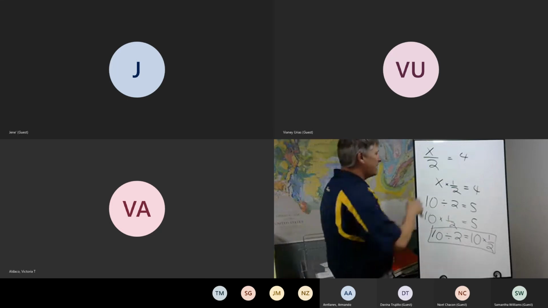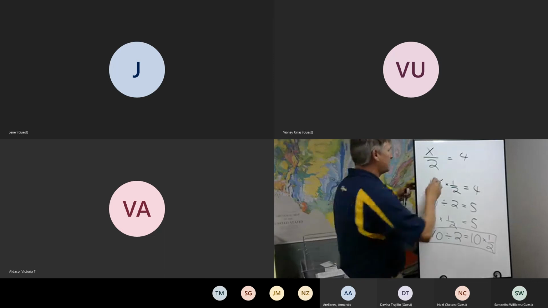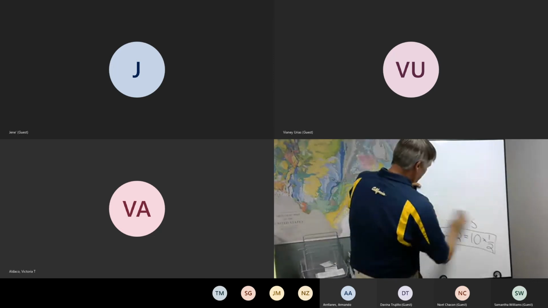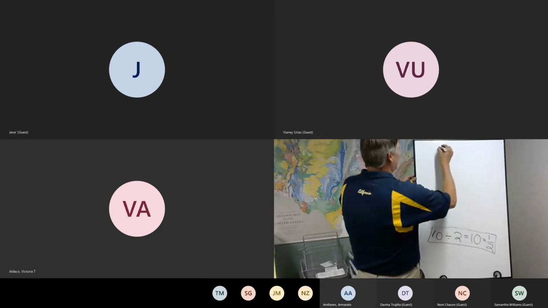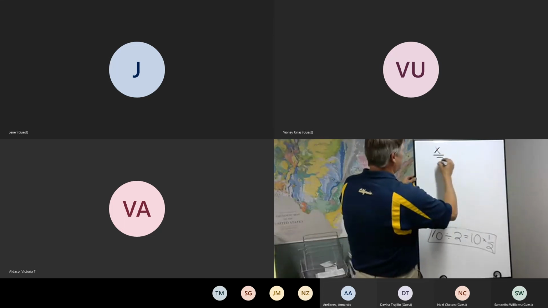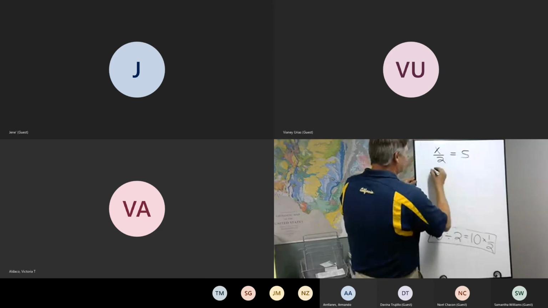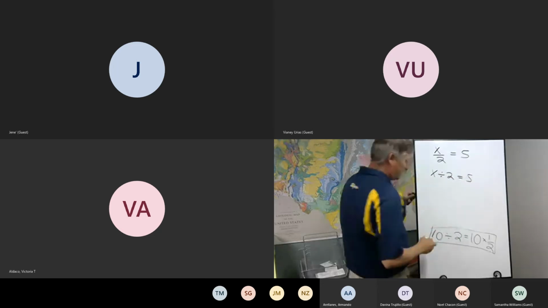So that means if we have a division by 2, and I'll start this again. x over 2 equals 5. This is x divided by 2 is equal to 5.